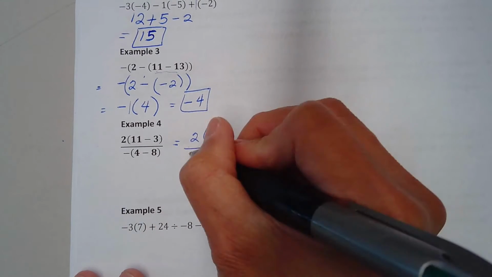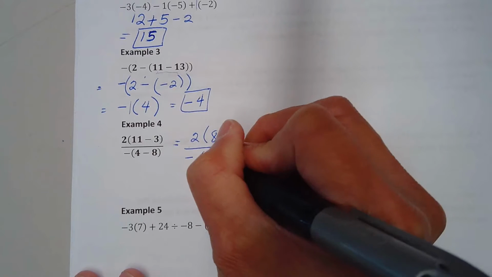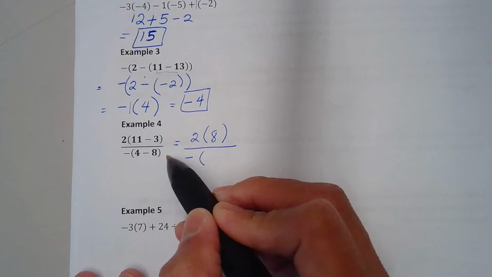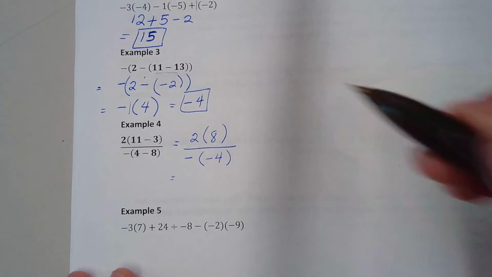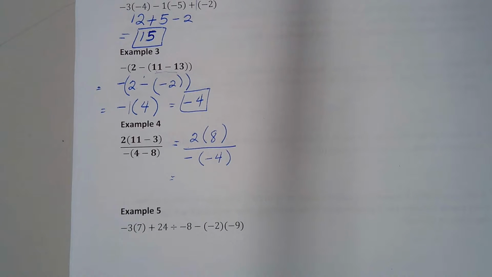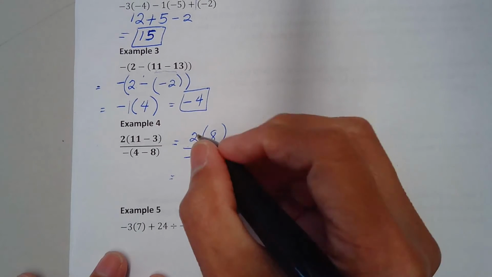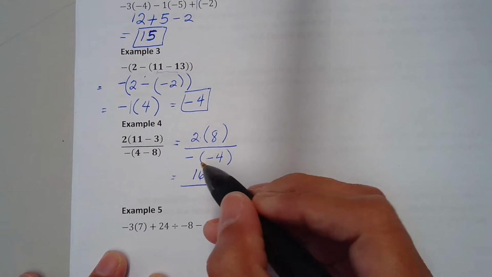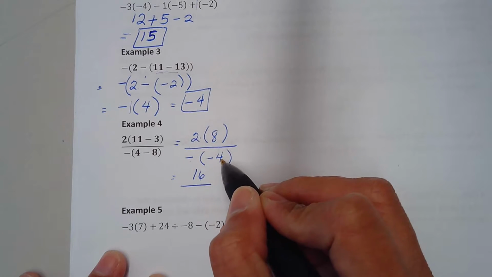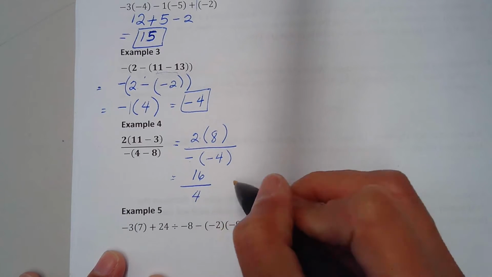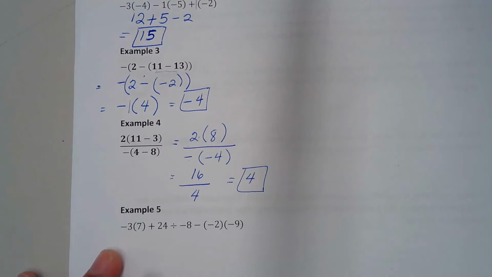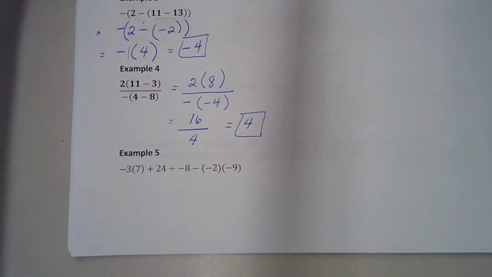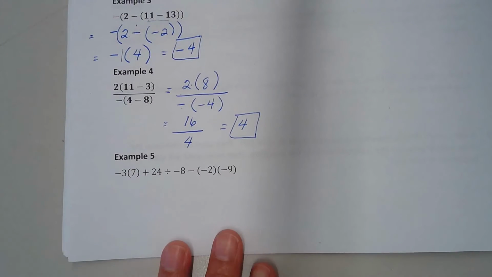The denominator here is negative. What would this be? Minus 4. -4. So work out the numerator as simply as possible. Now 2 times 8 is going to give us 16. Negative times -4 is +4. So 16 divided by 4 is 4.